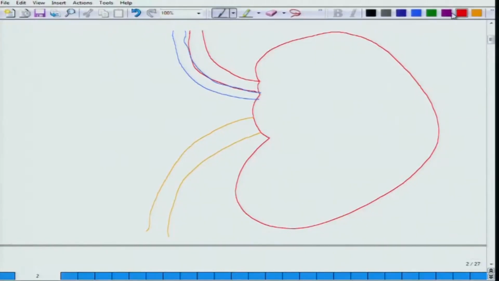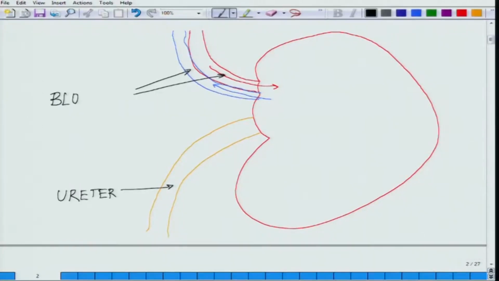So, these bloods are going away towards the lungs, towards the heart. And this is called the ureter, and these are the blood vessels which are entering or exiting.